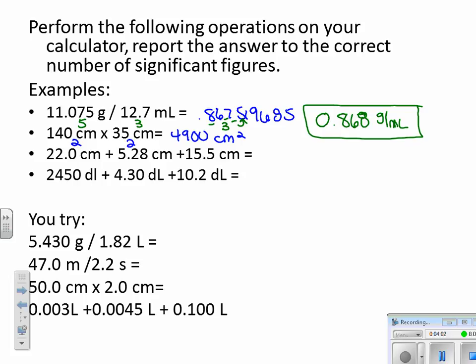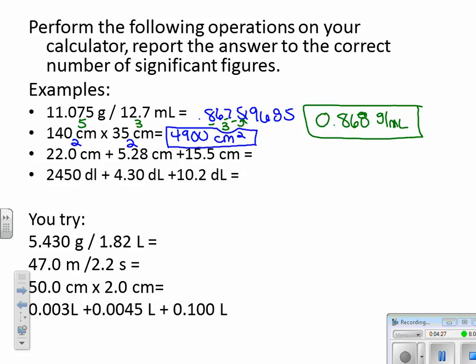The 35 centimeters has 2 significant digits, and our answer needs to have 2 significant digits. Now, without a decimal place, the 2 zeros that are expressed in our answer are insignificant, and only the 4 and the 9 are. So that is the correct answer. You cannot put a decimal place on that because then we have 4 significant digits.